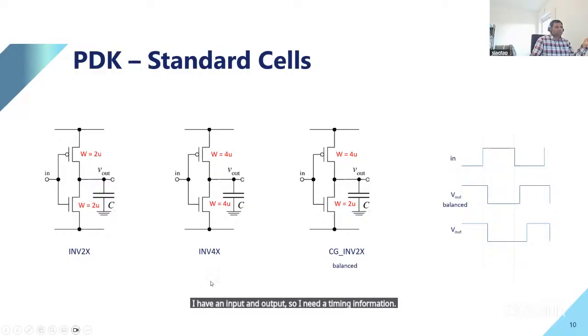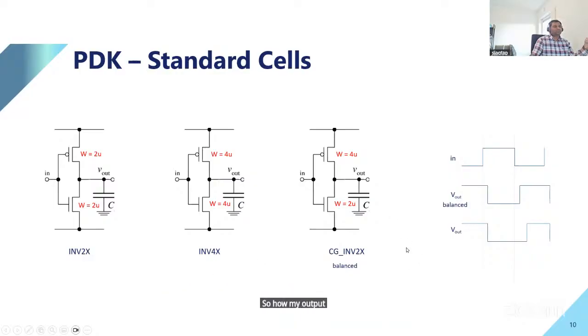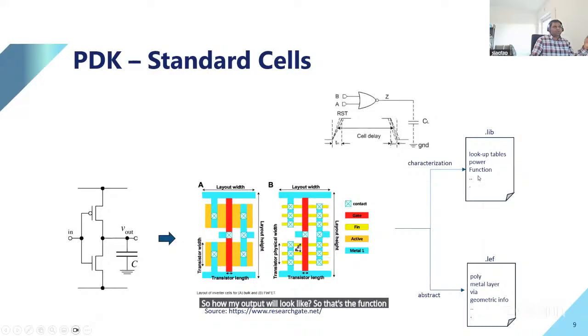My input always comes in terms of a transition, from high to low or low to high, or a real-time analog signal. So how will my output look? That's the functional description, and how much time it takes to reflect on that input is the timing information.